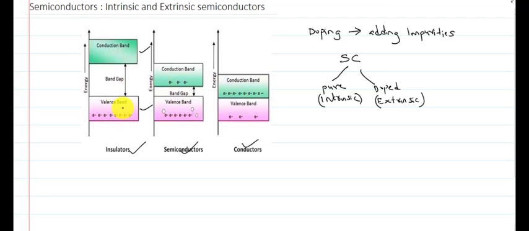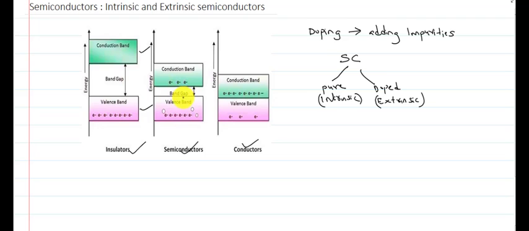A lot of energy is required to excite the electrons from the valence band to the conduction band. If some electrons are available in the empty conduction band, then that material will conduct. Here the band gap is very high, so the probability of finding electrons in the conduction band is very less. To overcome this high energy gap, a lot of energy should be applied. Such materials are known as insulators.